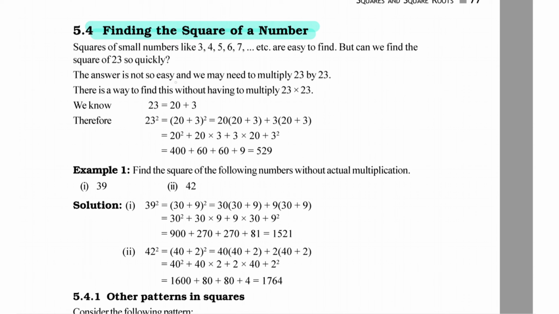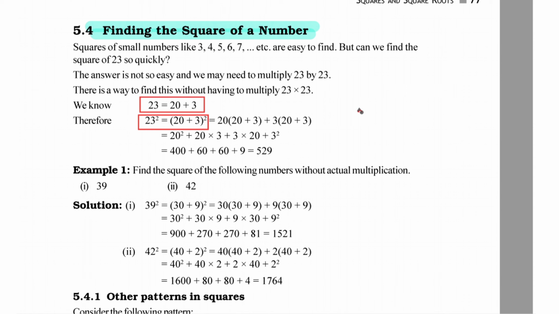Say for example, here 23 has been considered, which is written as 20 plus 3. Suppose if you have considered 203, you could have written it as 200 plus 3. So you should split that number in such a way that you can easily find the square for both the numbers. Now we need 23 whole square, so we will square the number 20 plus 3.